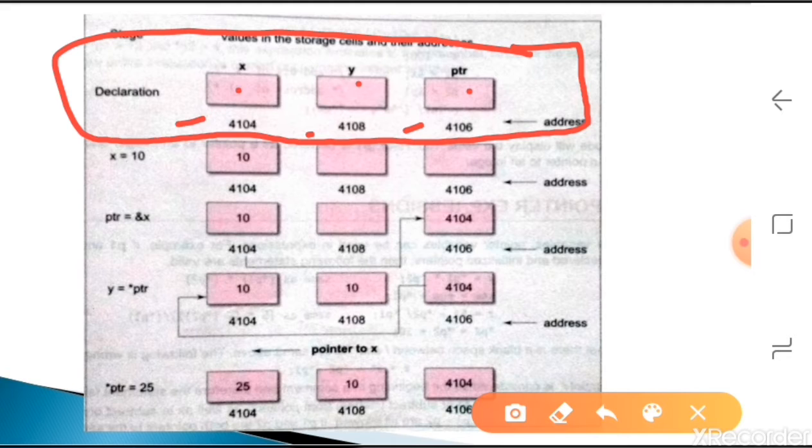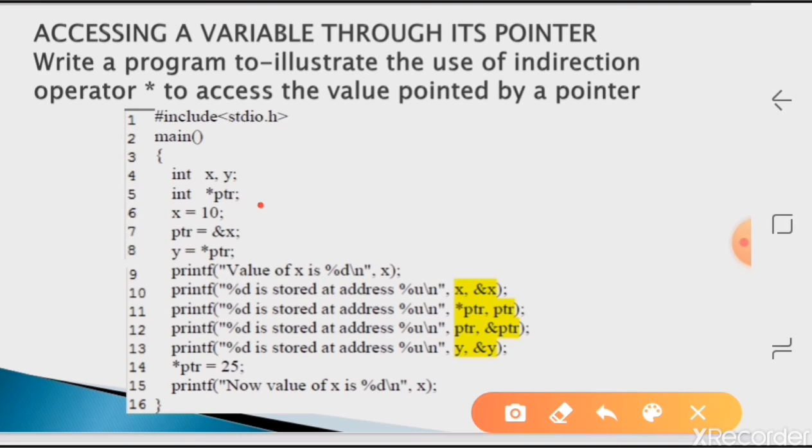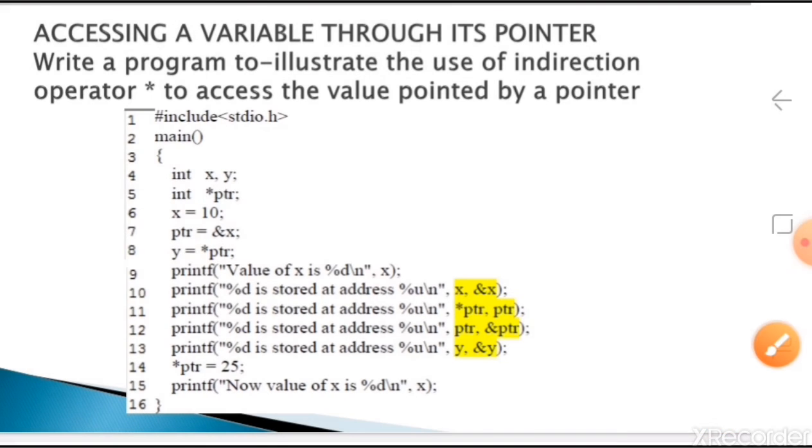We have addresses for the x variable, y variable, and ptr variable. Next, line number 6, we are saying x equal to 10. Now we'll see what happens here.